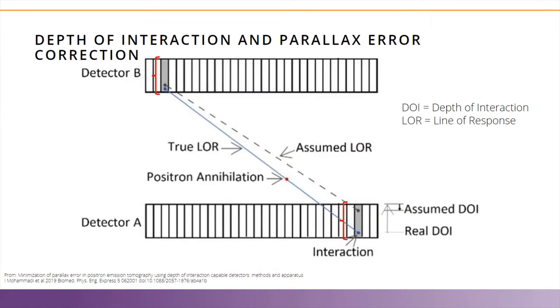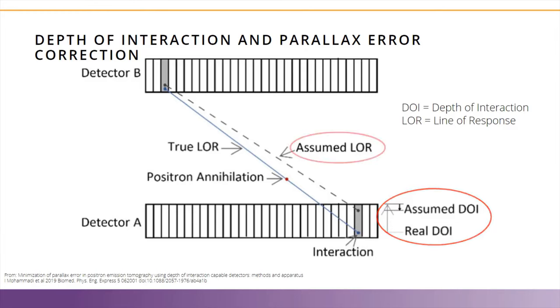Detectors have a specific height to them, and the gamma rays may interact with the detector at any point along this height. This is considered the depth of interaction. However, in a single layer detector, as you see here, the system can only assume that the gamma ray interacts with the detector at the very front, as they have no other way of knowing where along the height the gamma ray actually hits.